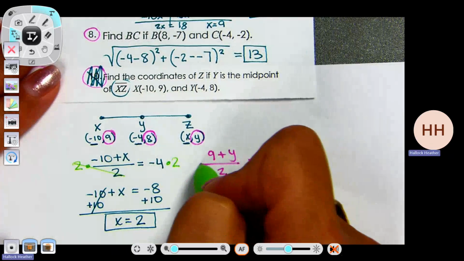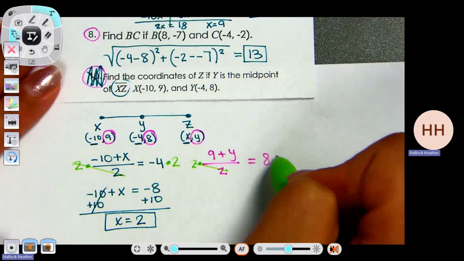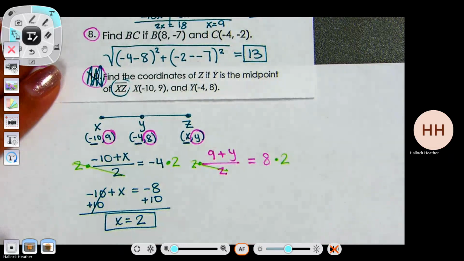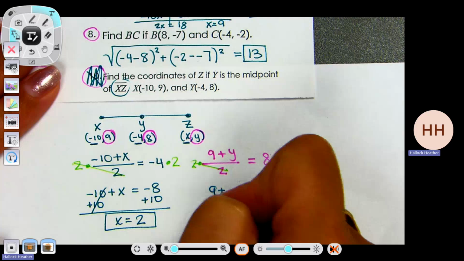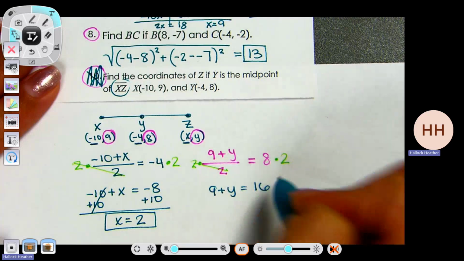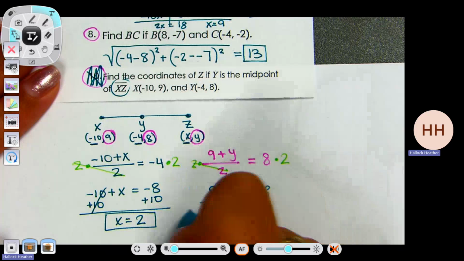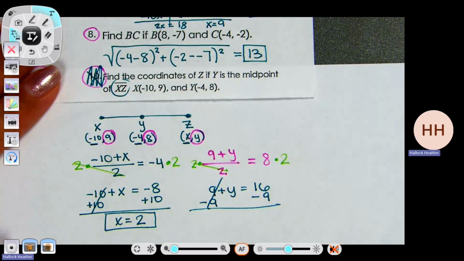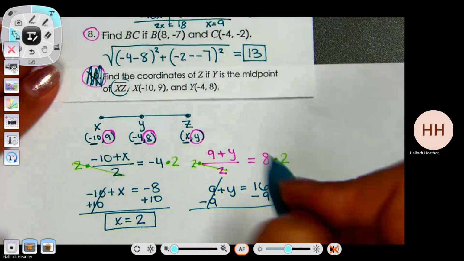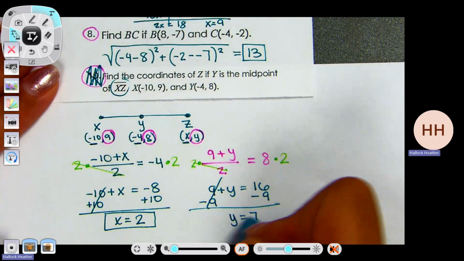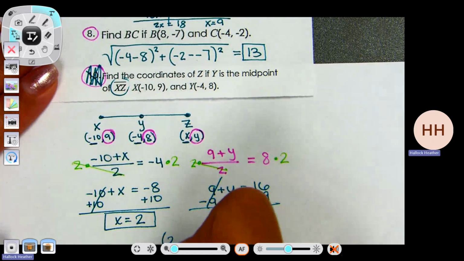Do the same thing for Y, multiply by 2 to get rid of the denominator. 9 plus Y equals 16. And then -9 to both sides. So Y equals 7. So the coordinate is 2, 7.